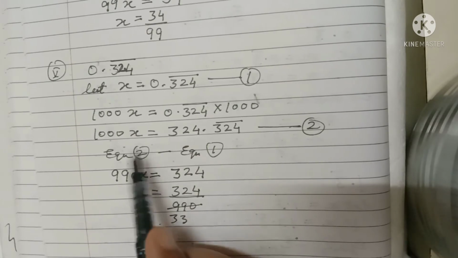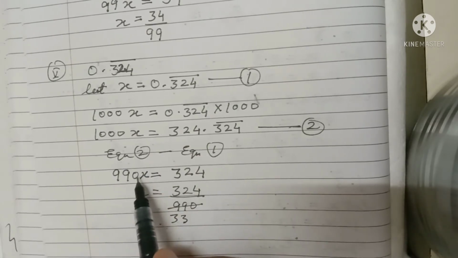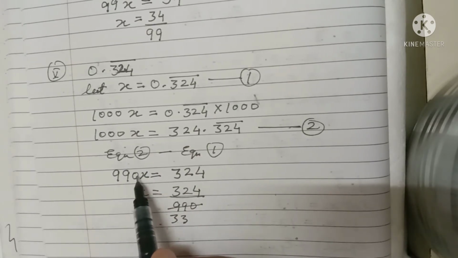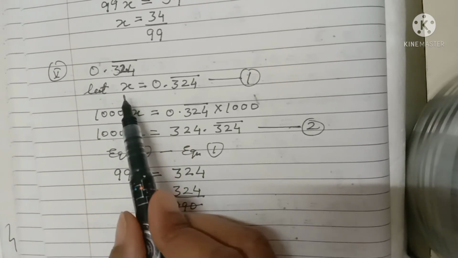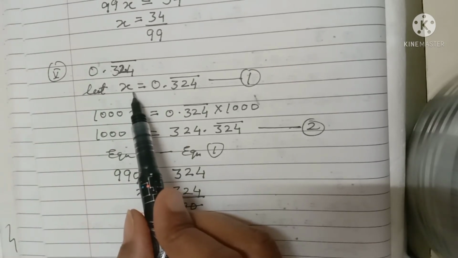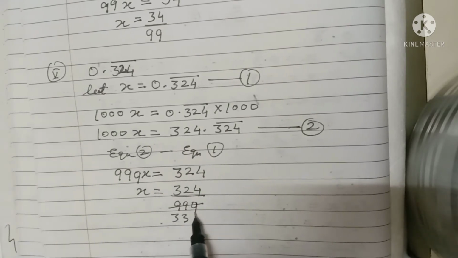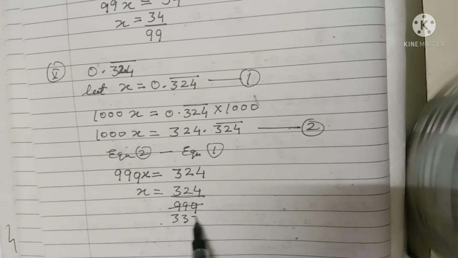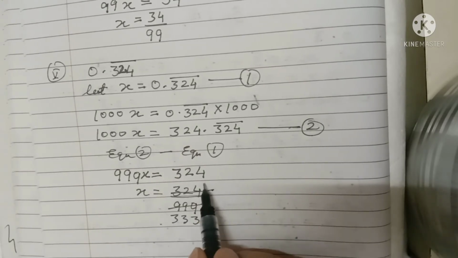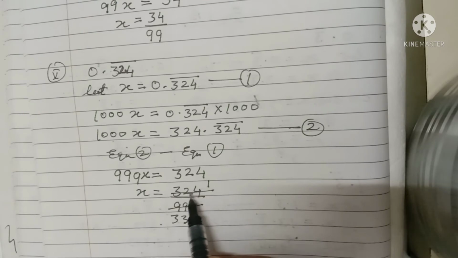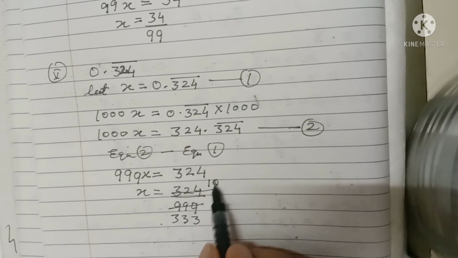Here it is not 990, this will be 999, because only x you subtract, not 10x. So this is 999, and this is 324. 3 3s are 9, 3 3s are 9, 3 3s are 9. This becomes 3 1s are 3, and 3 will not divide 2, put 0.